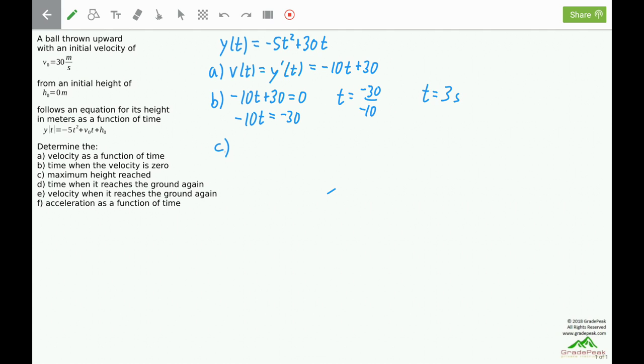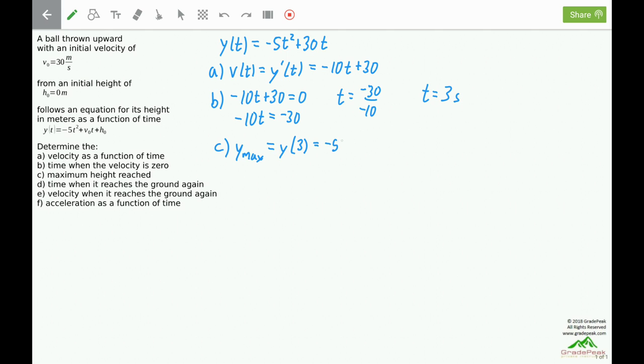For part C, we want to know the maximum height reached. And the maximum height occurs at the exact moment in time when the velocity is 0. It's stopping and turning around from having headed upward to now heading downward. And so our y max will be the height evaluated at the time when it is turning around, the time of 3 seconds, y of 3.